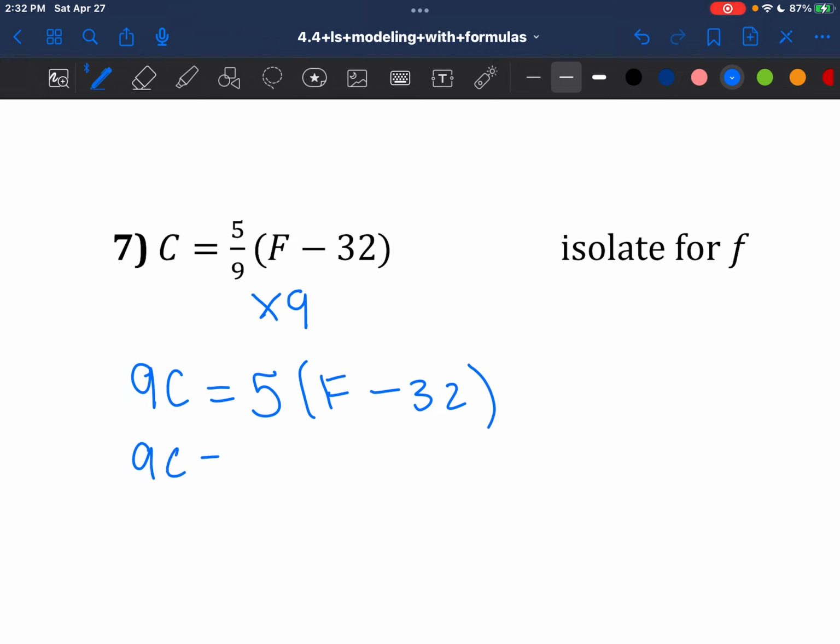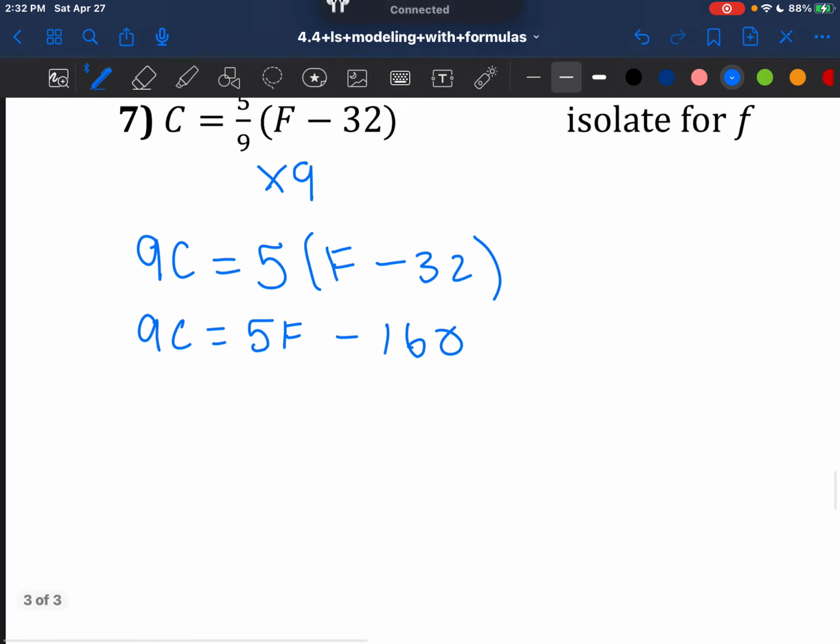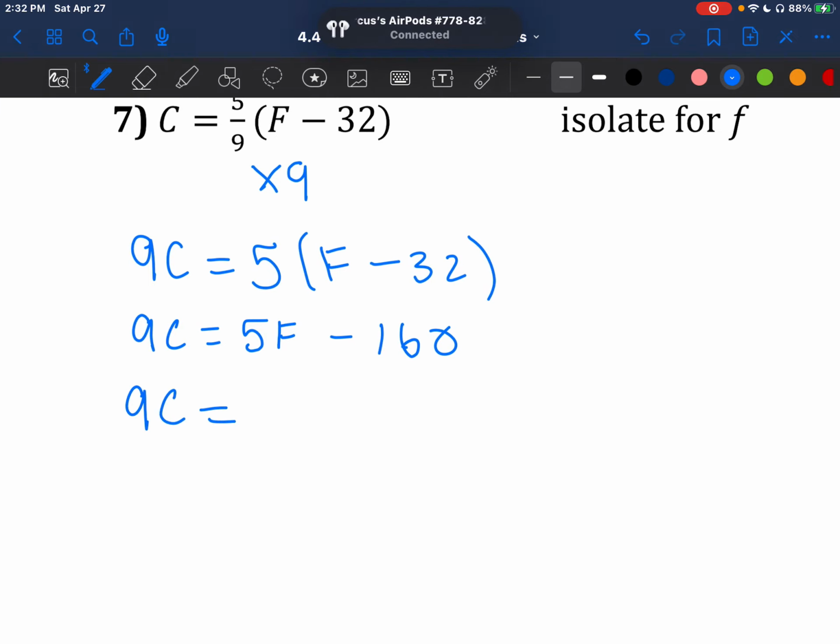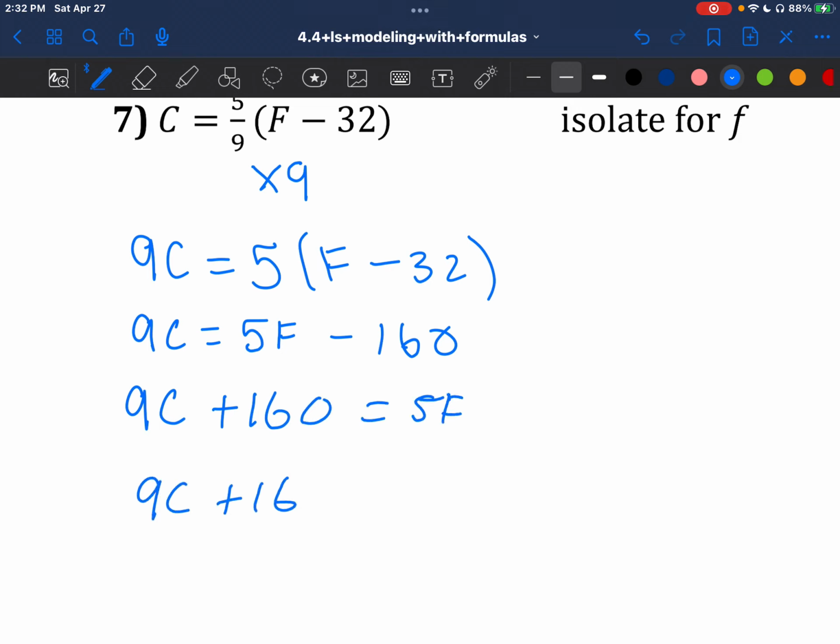And then we can go 9C equals 5F minus, what is 5 times 32? 5 times 32, 160. 9C plus 160 equals 5F. 9C plus 160, divided by 5, equals F. There we go.